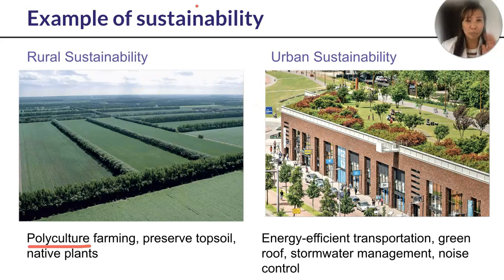Similarly to the rural sustainability, one way that we can be more sustainable is if you do grow plants in your yard, to make it so that it uses a little bit less water, right? So picking ones that use a little bit less water, especially in California where we're constantly getting hit with droughts.